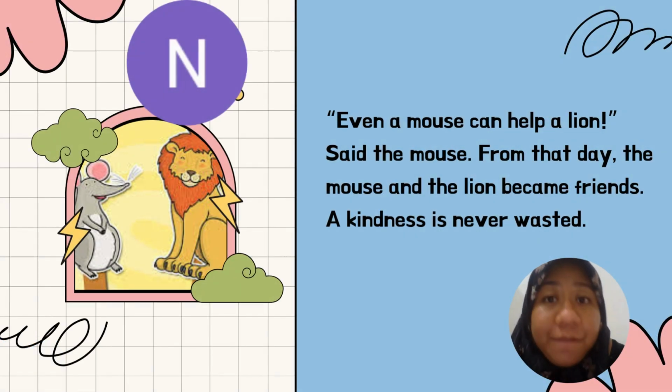So, the moral of the story is: kindness is never wasted. Even a mouse can help a lion, said the mouse. This means that every act of kindness, no matter how small, can have a lasting impact. From that day, the mouse and the lion became friends. We should always be willing to help others, regardless of size or status, because you never know when you might need help in future. This encourages us to foster a culture of kindness in our community.